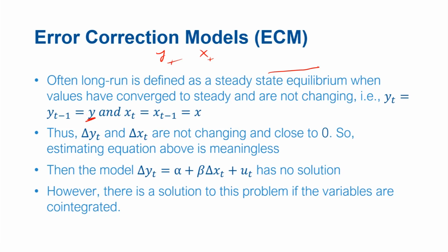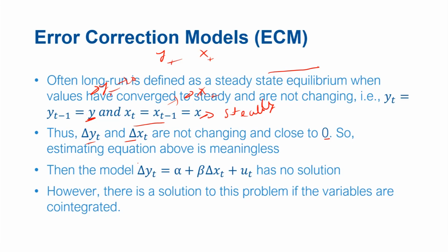That means there is some y steady state value which is approached in the long run, and therefore there are no changes from time to time, so delta yt is approaching 0. And same for xt: as xt approaches its equilibrium level, delta xt also approaches 0. So they are approaching some long-term steady state value, and therefore delta yt and delta xt are not changing, becoming close to 0.